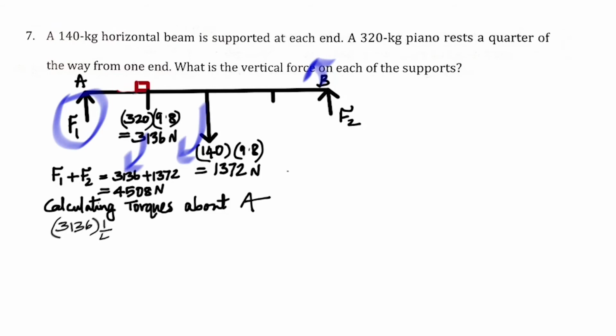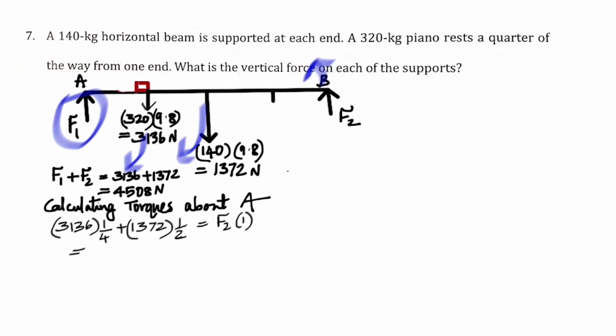And then all we got to do is multiply each force with the distance from A. So 3136 times 1 by 4. The real distance is not given. We don't need it. We just know it's a quarter of the way off. So 1 by 4 plus, when you multiply this, you're going to do half because that distance is half, right? This distance is half. And then that is the torque.